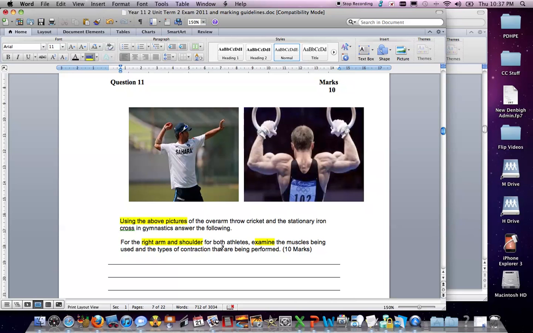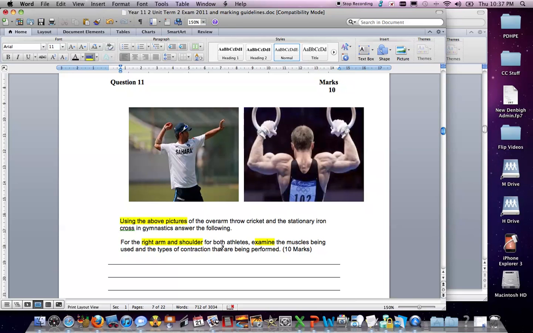So several of those are occurring as we look at the right arm. The major ones would be eccentric, and through the follow-through there would be some concentric contractions occurring in the wrist.